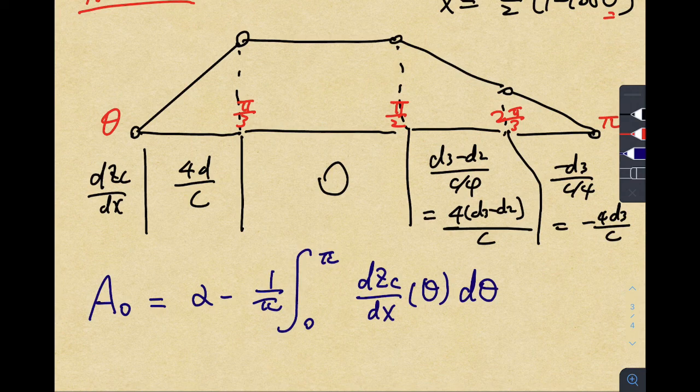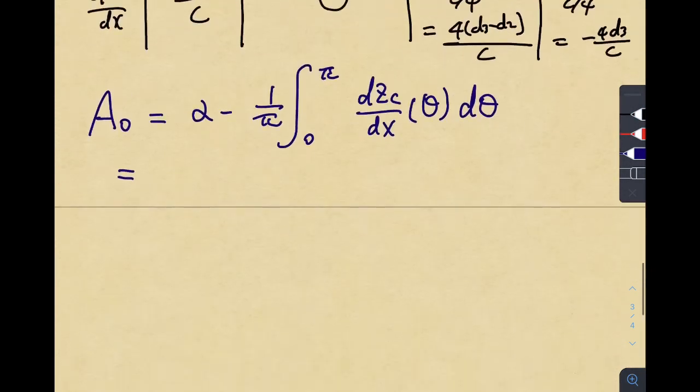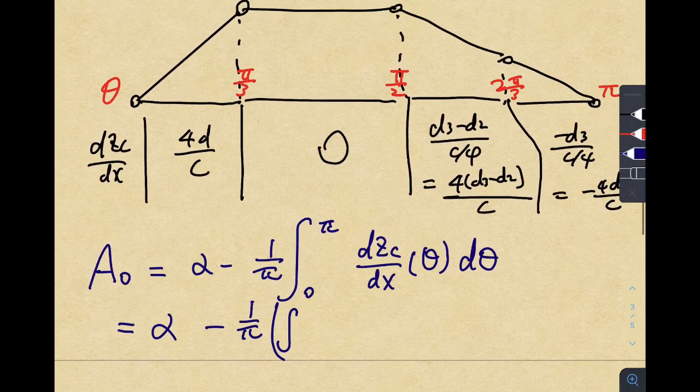This is why I write down this table, to make it easier to compute all those integrations. So for this A naught, when we're integrating, the first term is alpha, the second term will be 1 over pi times the integral, first from 0 to pi over 3.